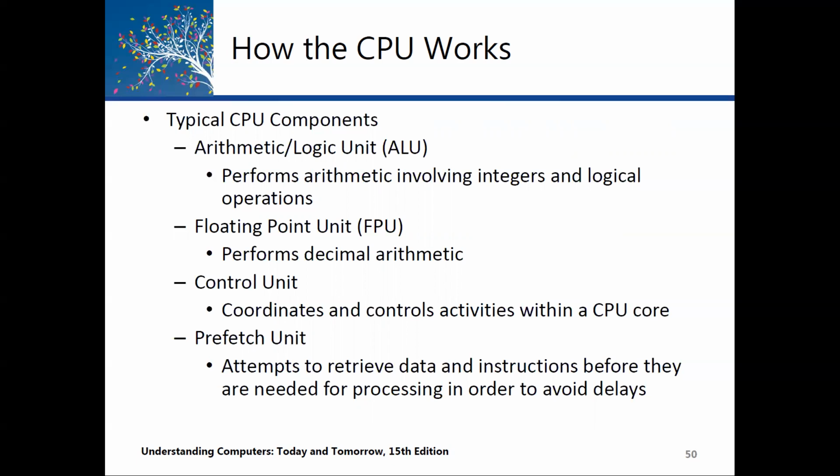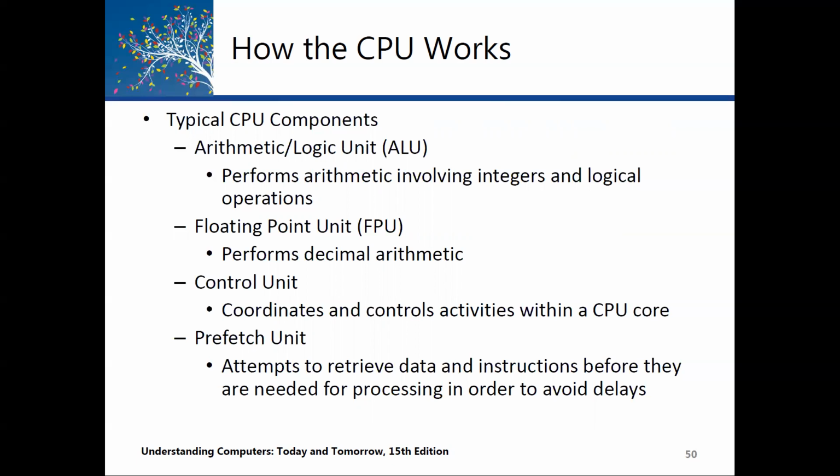So the control unit, the second most important component, coordinates and controls the operations and activities taking place within a CPU core, right? Such as retrieving data and instructions and passing them to the ALU or FPU for execution.